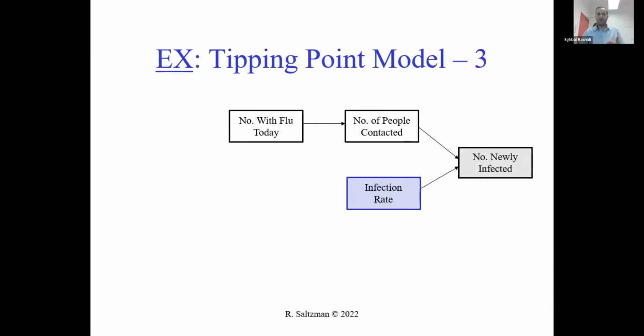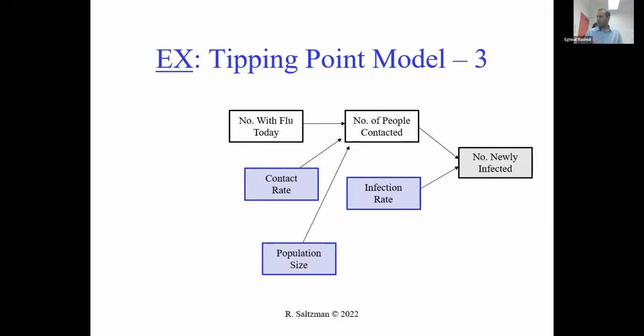For example, the number with the flu at the beginning, which is 100 people, is one of the factors that impacts the number of people contacted. Also, the contact rate, which was 100 people or 50 people, is an input, so we show it with a blue rectangle.